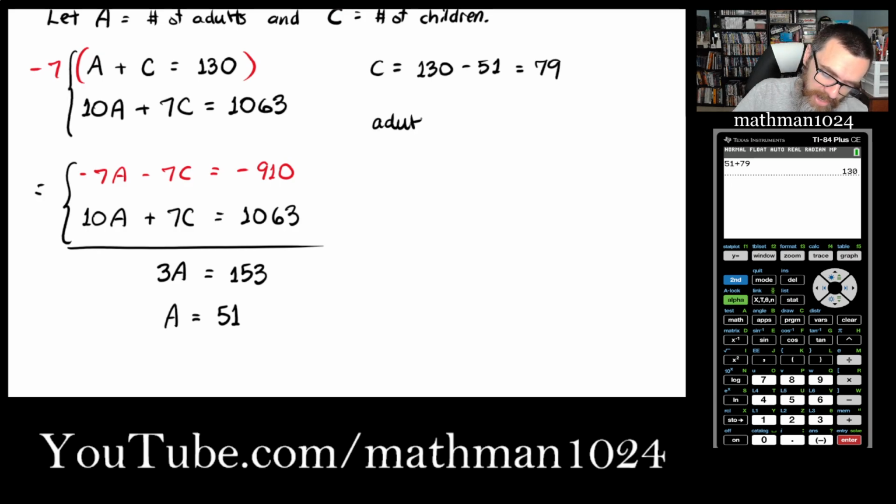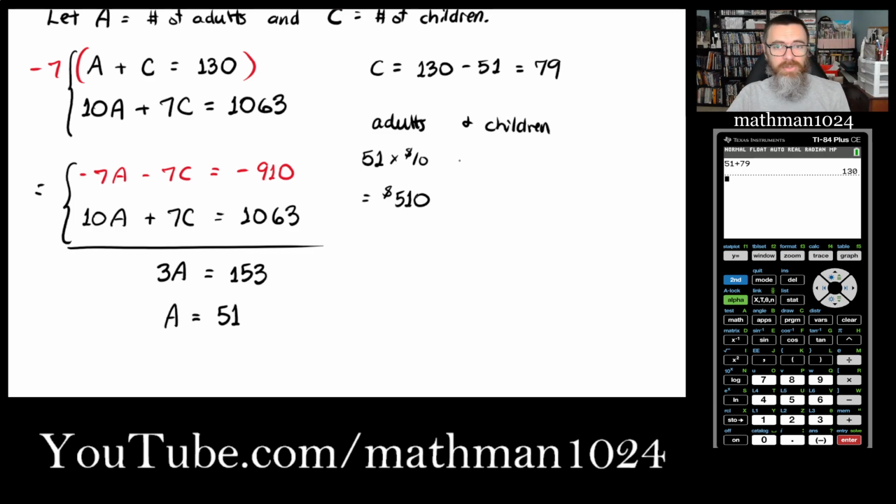If you look at the adults and children, we have 51 adults at $10 a ticket. So that means that we were taking in $510 in revenue just from the adults. For the children, that's going to be 79 children times $7 per ticket.